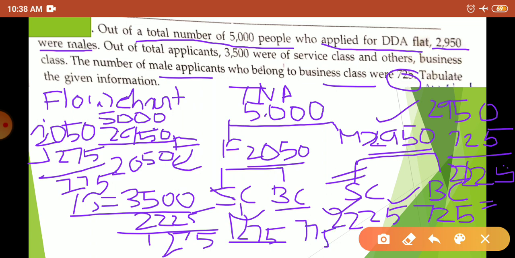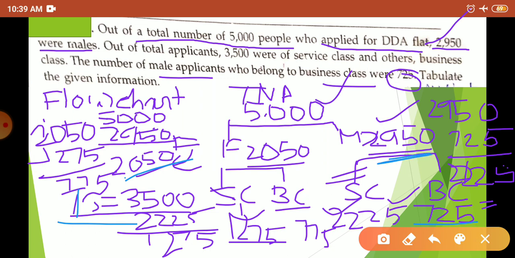In this way you have completed the table. So total number of applicants 5000. Male are 2950. When we subtract 2950 from this 5000 we get the female number, that is 2050. Now here it is given that the total applicants of service class is this. So we had written it further. इन्होंने दिया कि मेल जो है बिलोंग करते हैं बिजनेस क्लास को, दैट इज़ 725.